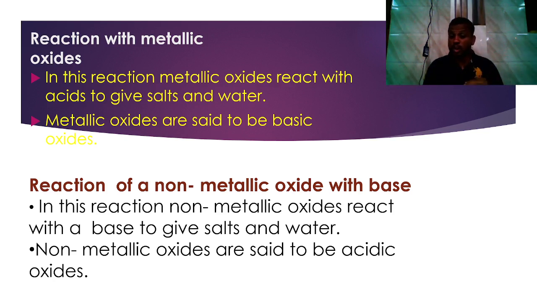If we come to the non-metallic oxide, when it reacts with a base, it gives out salt and water, but non-metallic oxides are said to be acidic oxides. Metallic oxides are basic and non-metallic oxides are acidic. This is the difference between the metallic oxide reaction and the non-metallic oxide reaction with the acid as well as the base here. I hope you are getting my point.